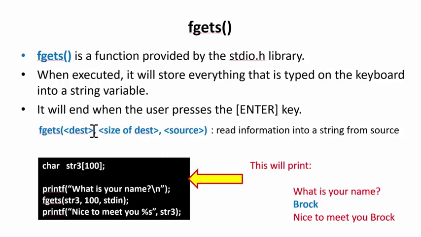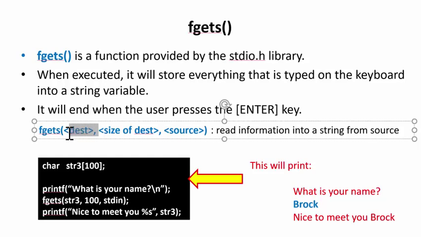You need to provide a destination, which is a string variable you have to create, then give the size of the variable, and then give the source. For the source we enter the keyword stdin, and that means you're reading from the keyboard. Okay, so let's take a look at how this might look.